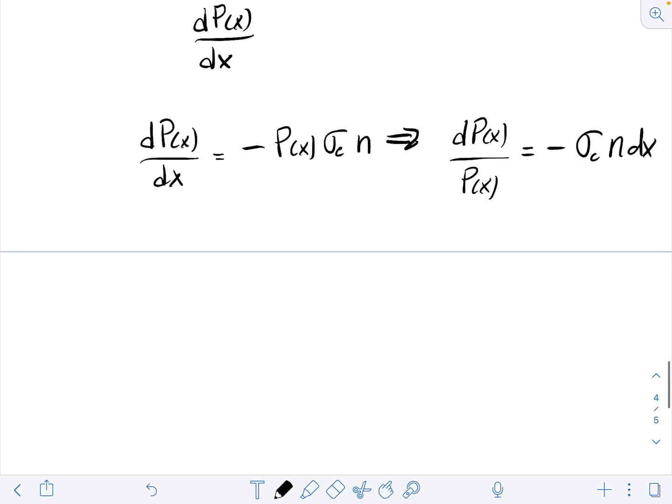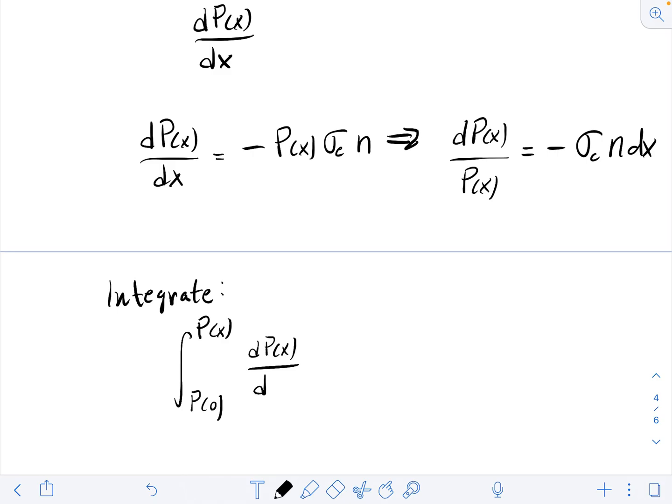Okay, so let's integrate. So when we integrate, we start from a position of x equals 0 and we end up at some other position x. This integral that we're going to do is just going to lead to a natural log. And so on the other side, we integrate from a position x equals 0 to some other position x.